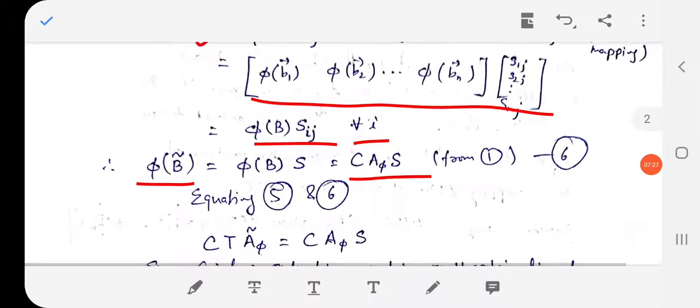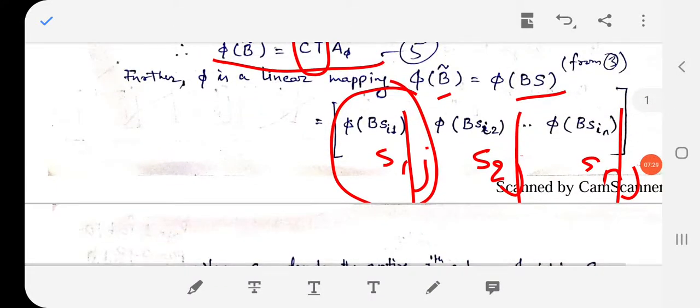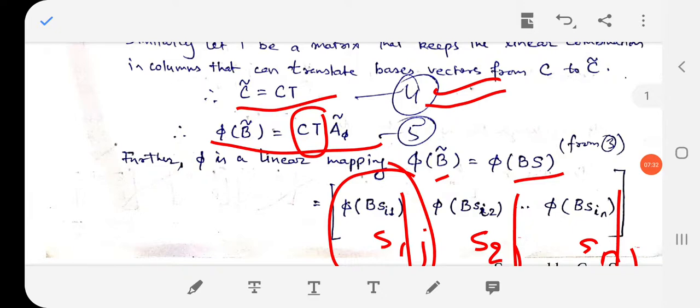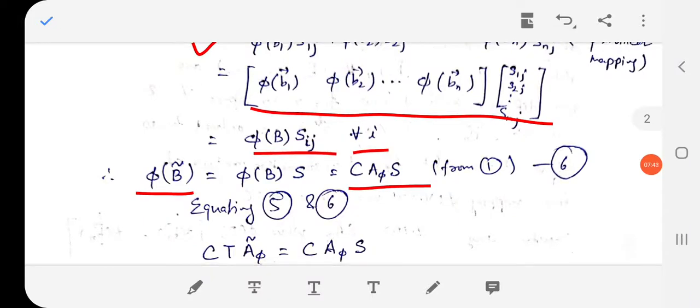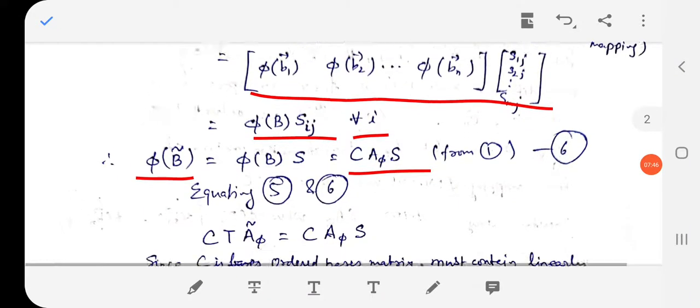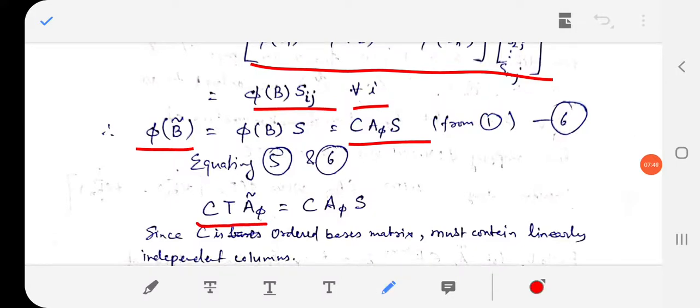Now you can see that the fifth equation that we got is phi B tilde, which is giving us the relationship between B tilde and A phi tilde. Now this is giving us the relation between A phi tilde and A phi. Again, since C is the matrix containing the column vectors which are the basis of W, they have to be linearly independent, and therefore the cancellation can be done.